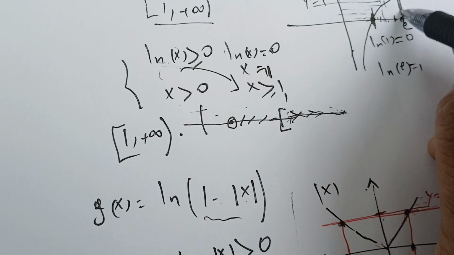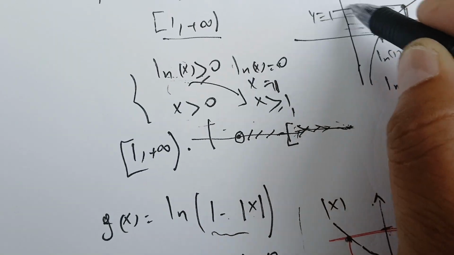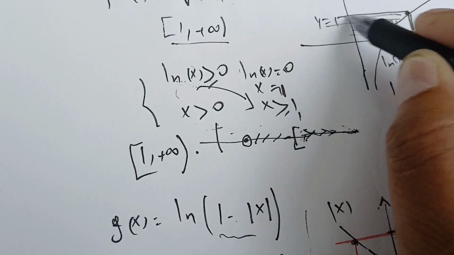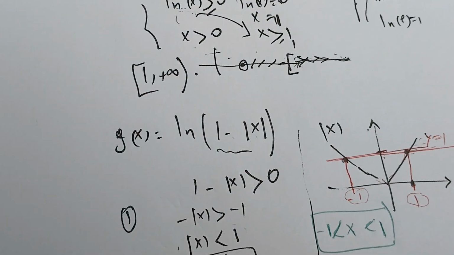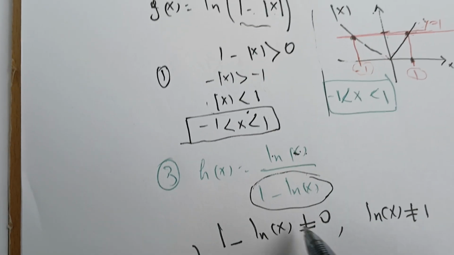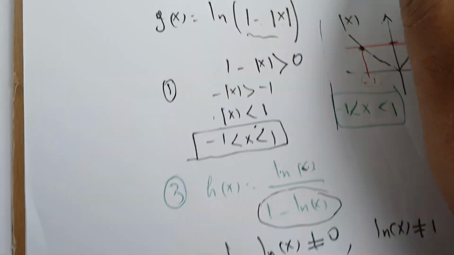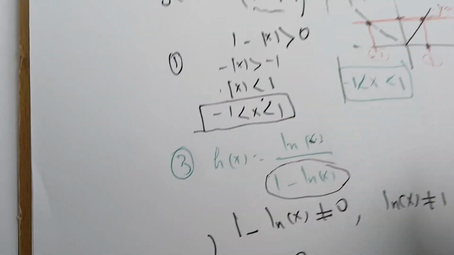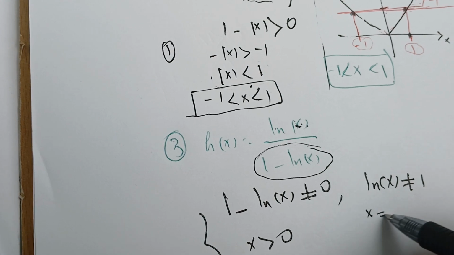So we don't want to have that one. So when the natural log of something equals 1, of what value? Which x gives us the natural log equal to 1? So it's e. So you want to have x different from e.